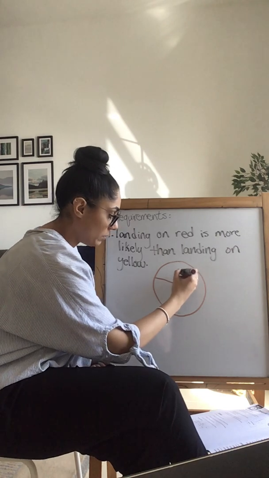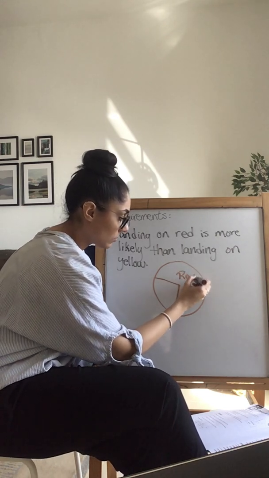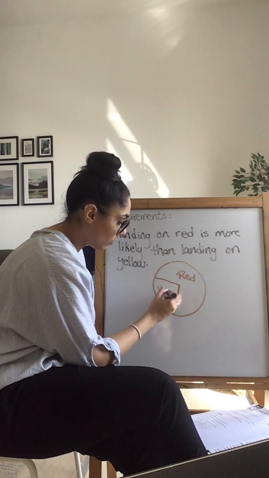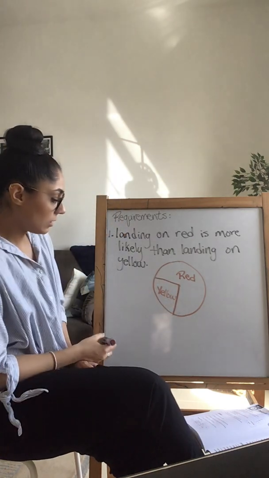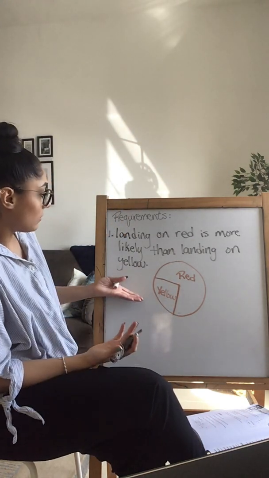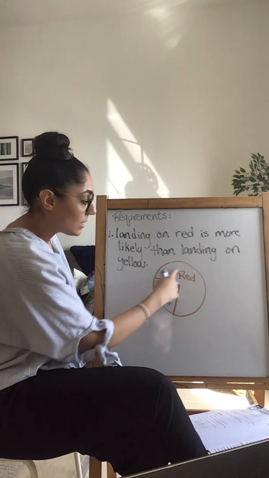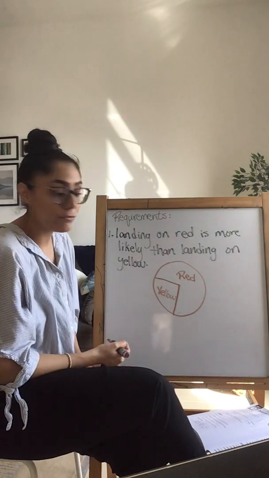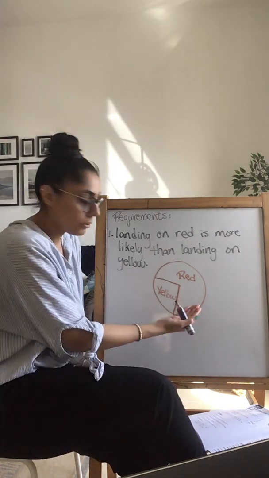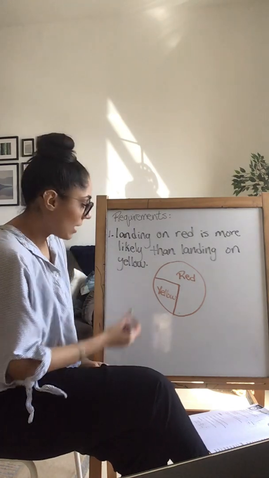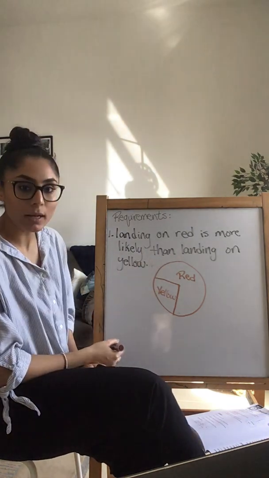And this section would be red, and this section would be yellow, right? And that works. And does it, landing on red is more likely. It is more likely because my section of red on the spinner is greater than the section of yellow. So that does match. That is correct.